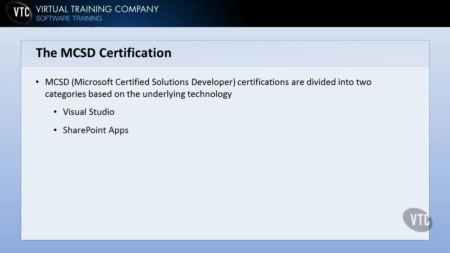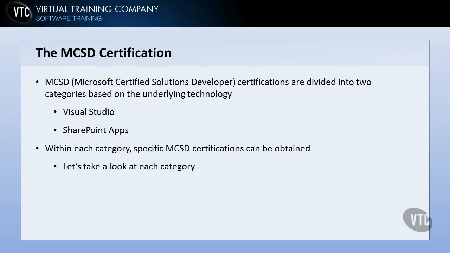And then SharePoint apps, which are totally different from any other kind of application. So that's the two main categories. Now, within each one of these categories, there are different specific MCSD certifications that you can obtain. So let's take a look at each category.